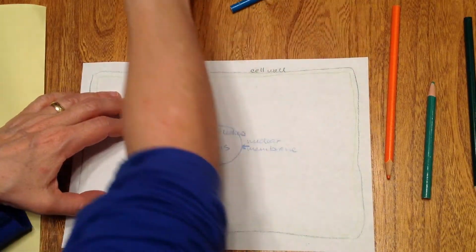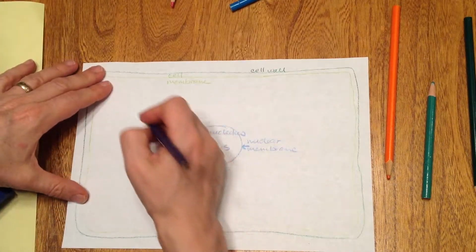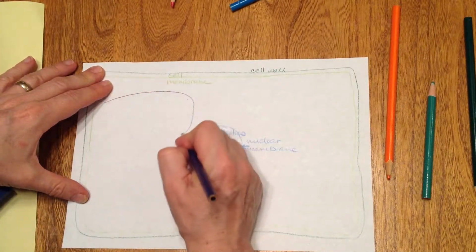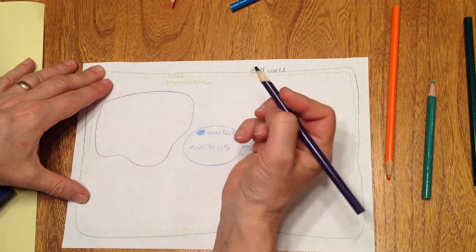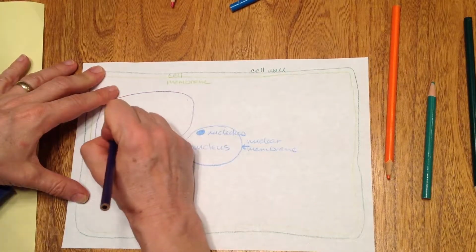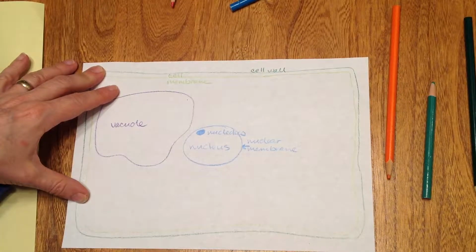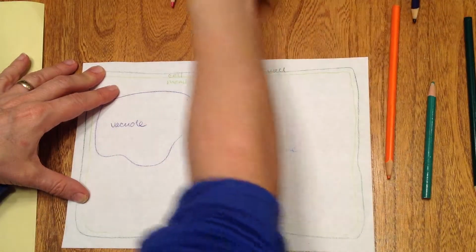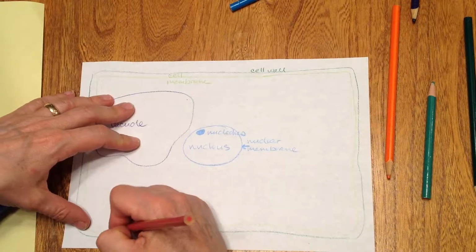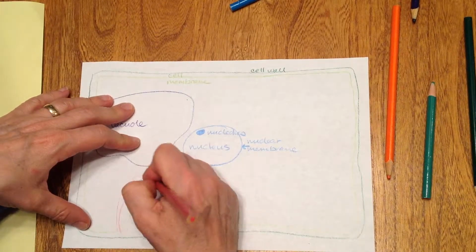And let's put a big old fat vacuole over here. Plant cells tend to have a large vacuole. Animal cells are kind of small. And then let's put a Golgi apparatus over here.